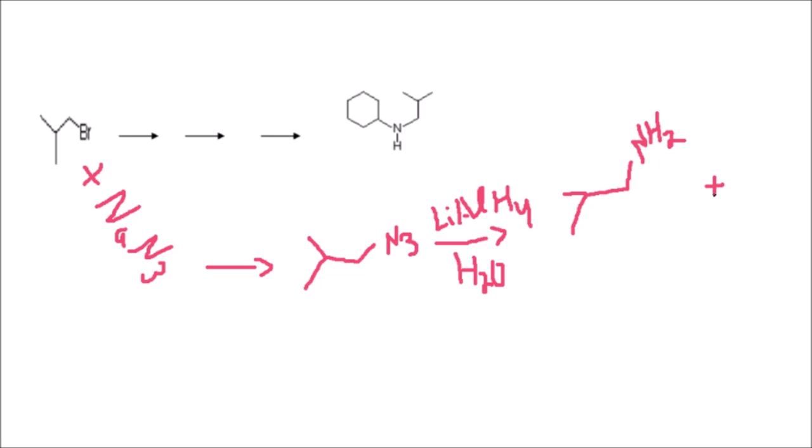And if we react this amine with cyclohexanone, you should know this reaction: if we react a primary amine with a ketone, we're just going to connect this nitrogen, replacing this oxygen with the nitrogen, and remove the two hydrogens here.